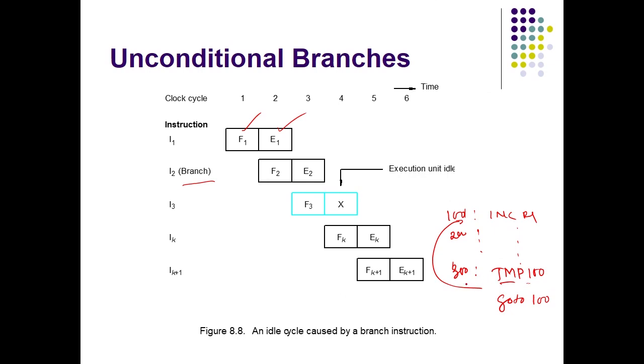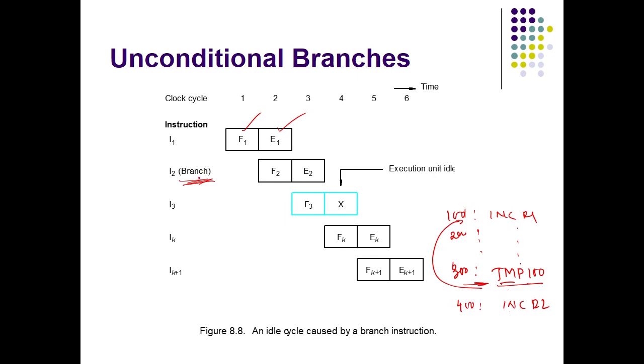Now, what happens while executing this part, that is the branch. After that you will have some instruction here. Let us say this is 400 and you write increment R2. While executing this instruction, obviously it will fetch the next instruction because that is the condition for the pipeline.